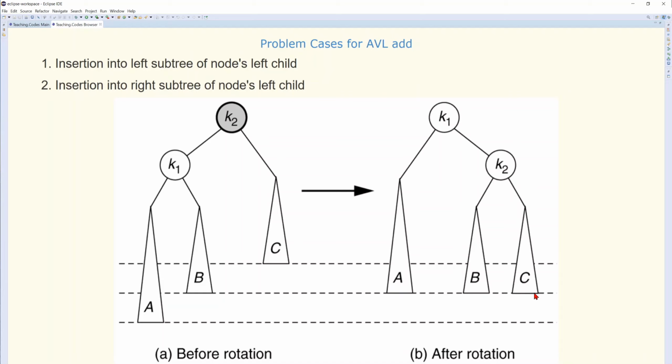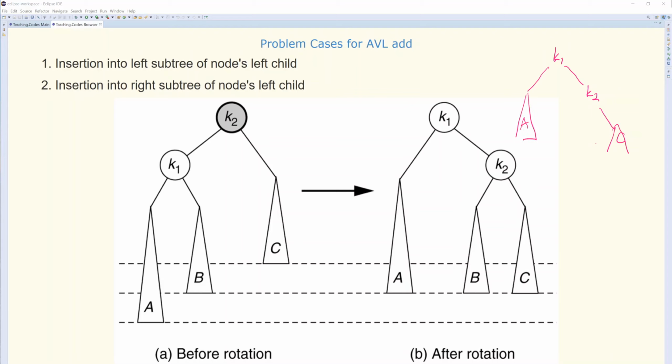Now, I have a minor problem here, and that's the following. When I hold from K1 and shake, K1 would be at the top, fine. K2 would be here, and C goes 1 level down. But when you hold from K1 and pull it up, A comes here.